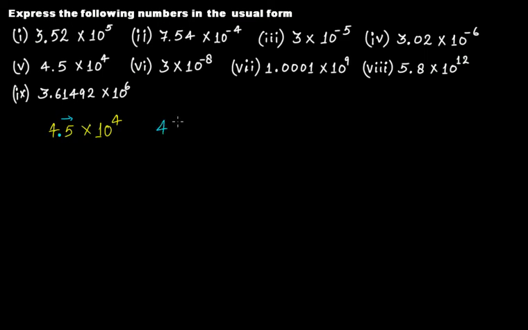So 4, 5, then 3 zeros, 1, 2 and 3, right? And the decimal point is here, which means it's actually 0.0. So you can simply write it as 45,000, because it's actually 45,000.0.